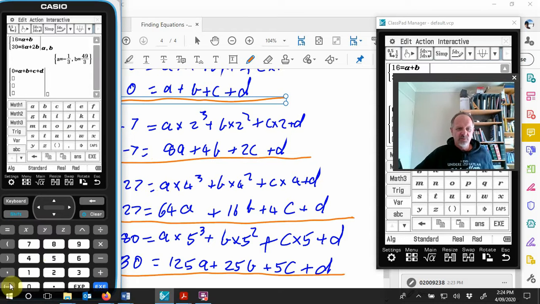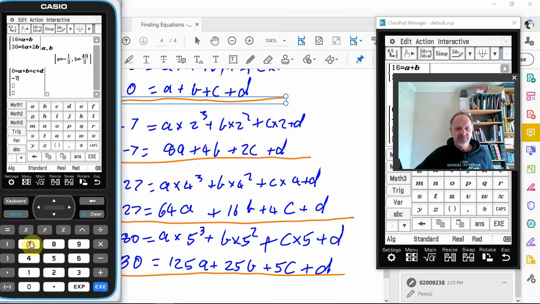So when there's a negative at the front, always use this one down here in the brackets. -7 equals 8 lots of A plus 4 lots of B plus 2 lots of C plus a D. Then the next one, this one here, 27 equals 64 lots of A, 16 lots of B, 4 lots of C and D.